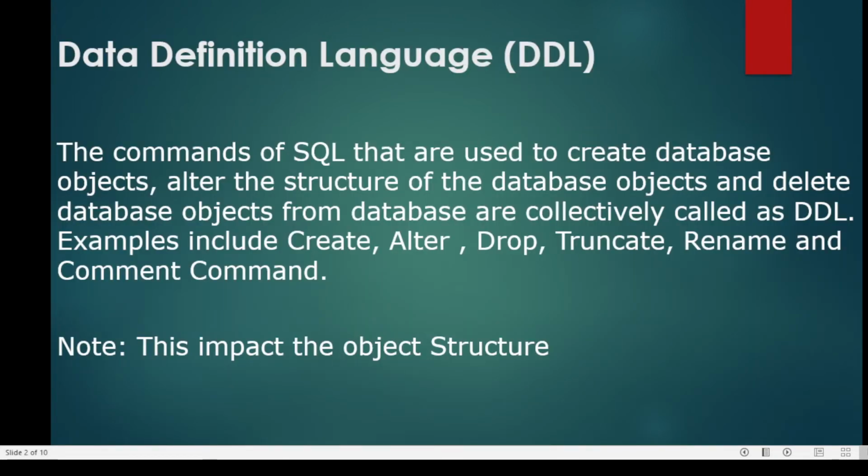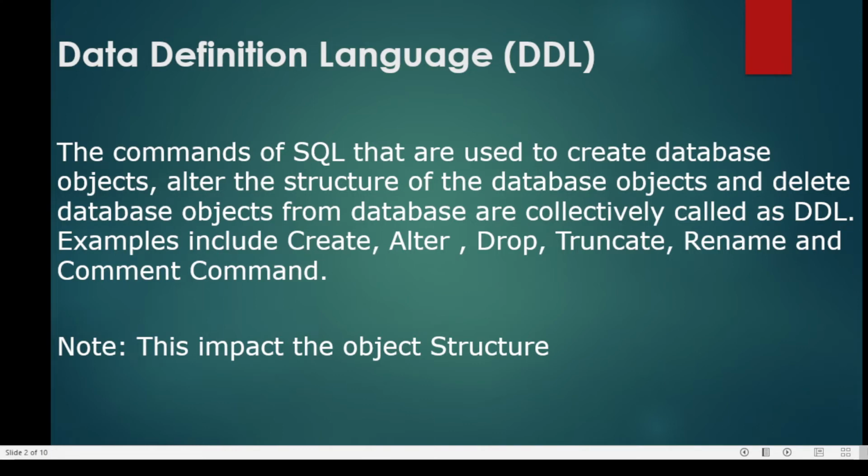Let's start with the first one, the data definition language. DDL has the create, alter, drop, truncate, rename and comment commands. Basically, DDL impacts the object structure. What is an object? Objects are the instances of the database, for example table, stored procedure, function, trigger. If you combine all these instances, that is called the database.